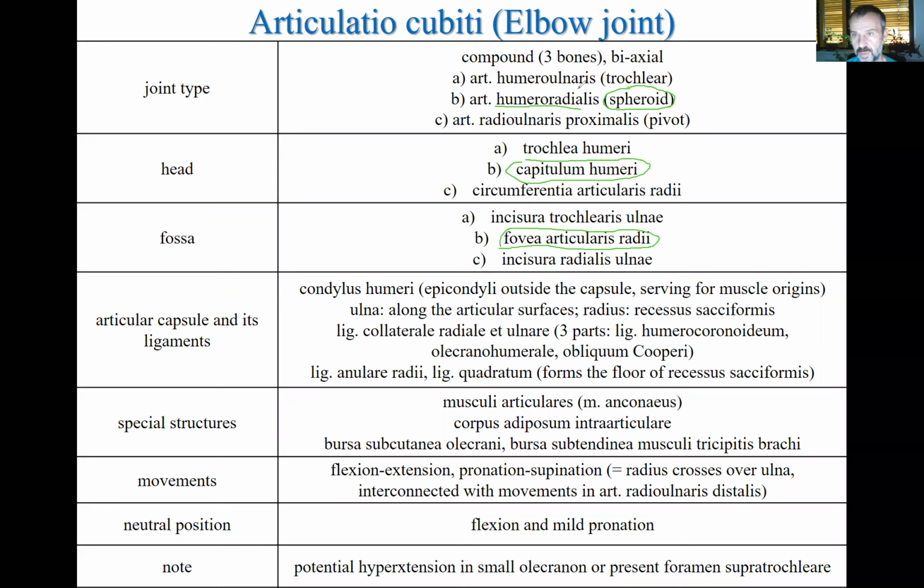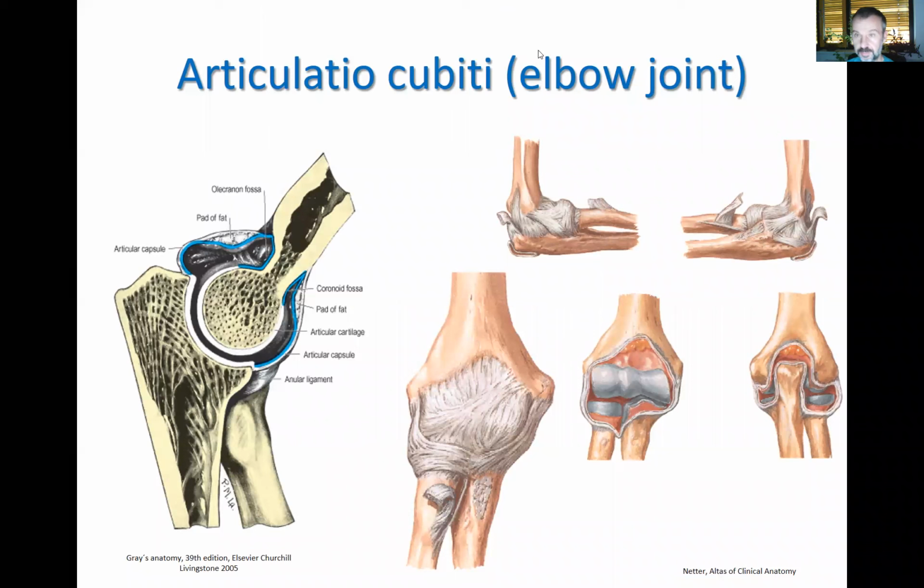When we look at them, we can see the head, which is a part of the surface of a ball, and this fovea, which is here on this surface, and it is a real fovea. So that's why it's a ball and socket or spheroidal joint. So it's a 3-axial joint.